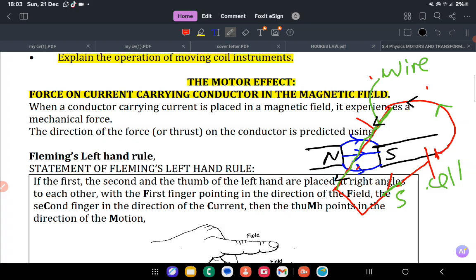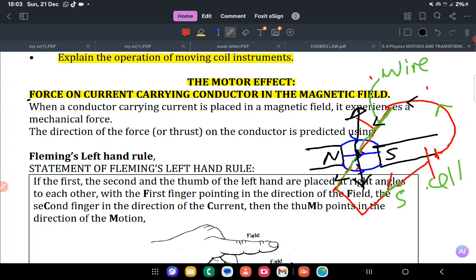And so we are going to discuss a force. When the switch is closed, the wire would be observed to move up and down, up and down, up and down.